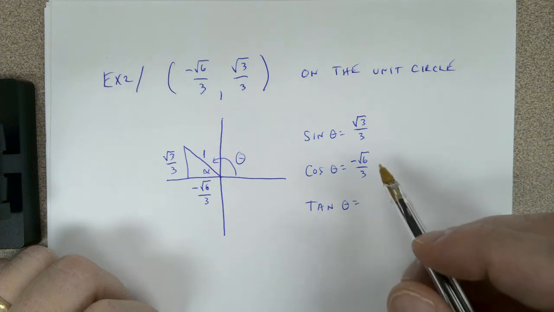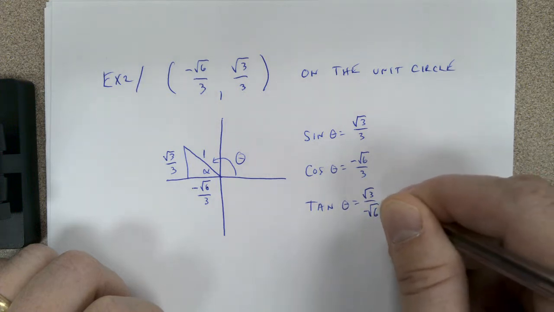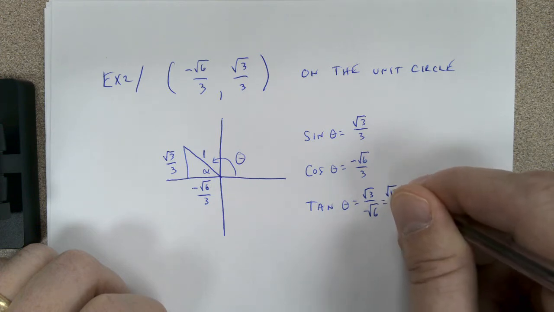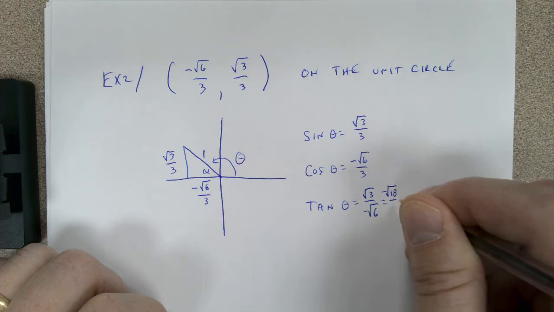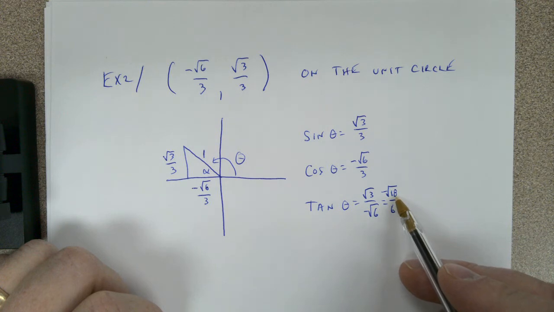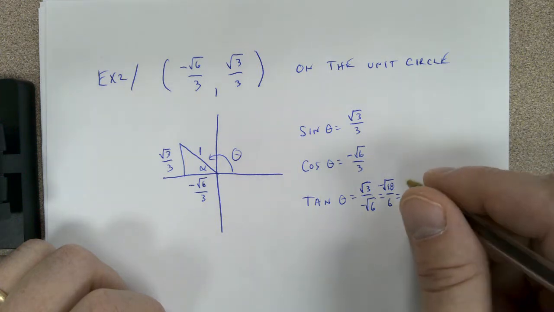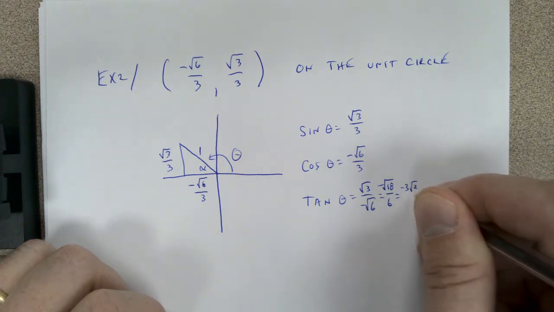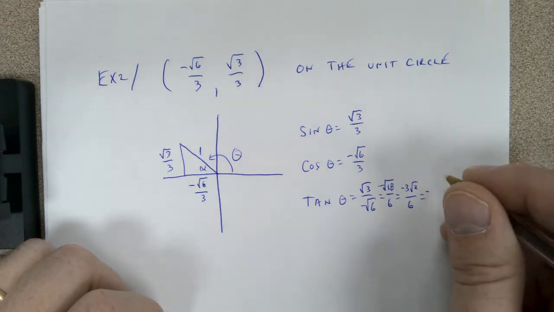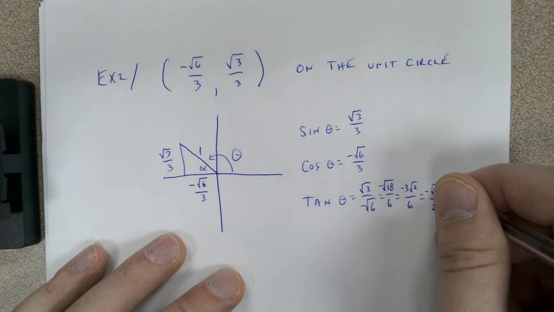So I'm going to do radical 3 over negative radical 6, which when I simplify that becomes negative radical 18 over 6. Again, radical 18 simplifies to be 3 radical 2, so negative 3 radical 2 over 6, which again simplifies to just be negative radical 2 over 2. Okay.